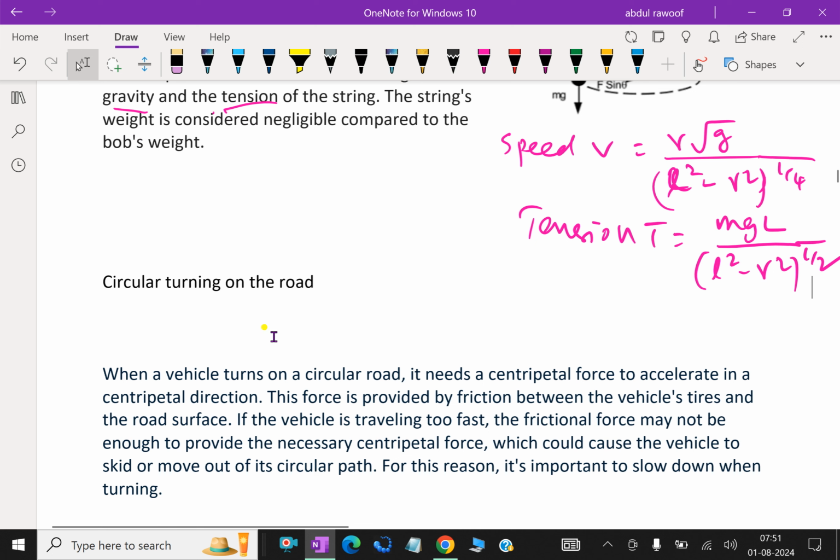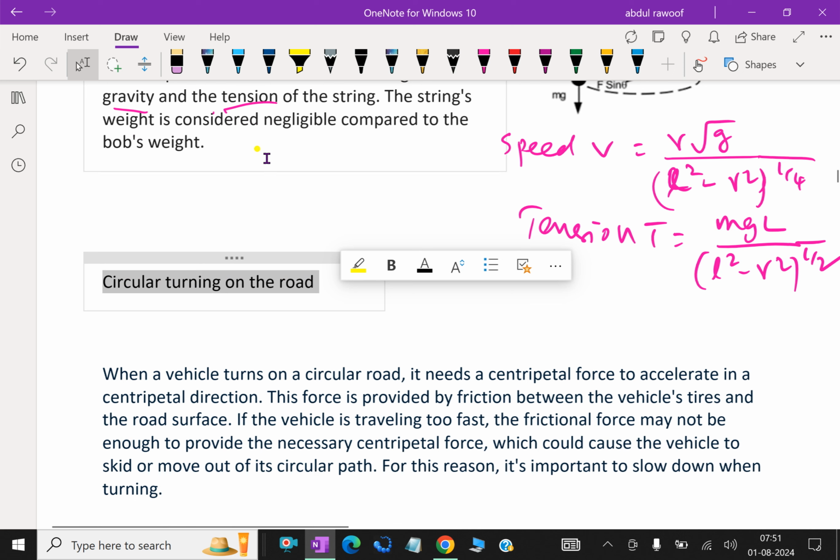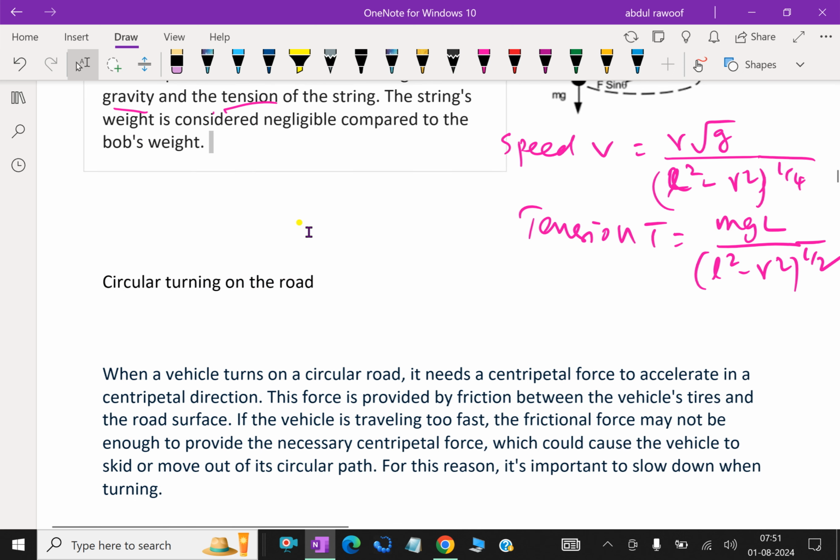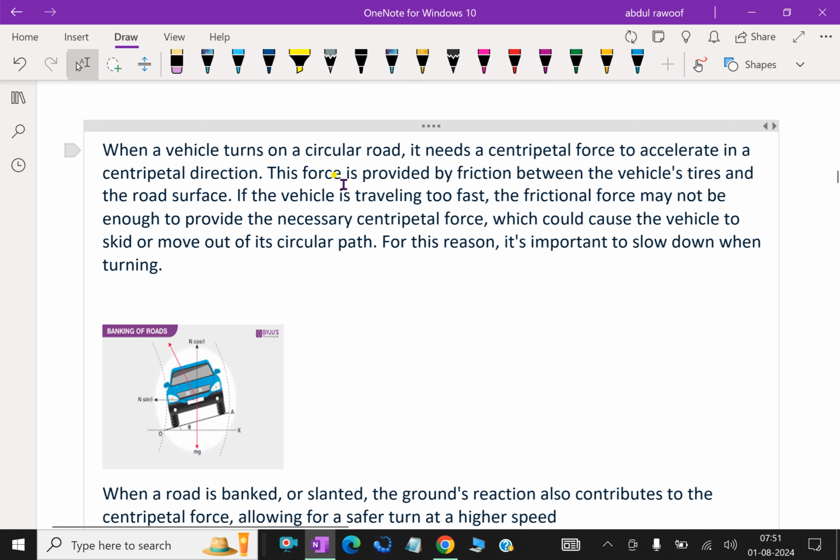Next one, circular turning on the road. When a vehicle turns on a circular road, it needs a centripetal force to accelerate in the centripetal direction. This force is provided by friction between the vehicle's tire and the road surface. If the vehicle is traveling too fast, the frictional force may not be enough to provide the necessary centripetal force, which would cause the vehicle to skid or move out of its circular path.